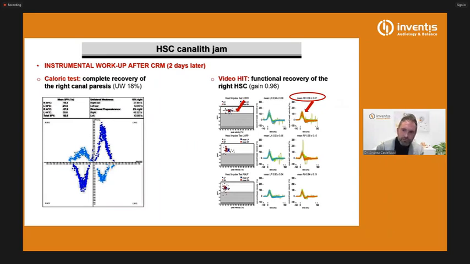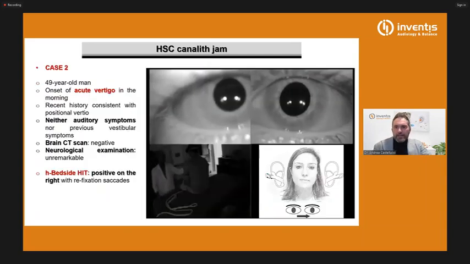This is very interesting. So in this case, both low frequency and high frequency were affected by this continuous flow of endolymph and this persistent deflection of the cupula that led to an apparent paresis of the VOR gain for the affected canal.